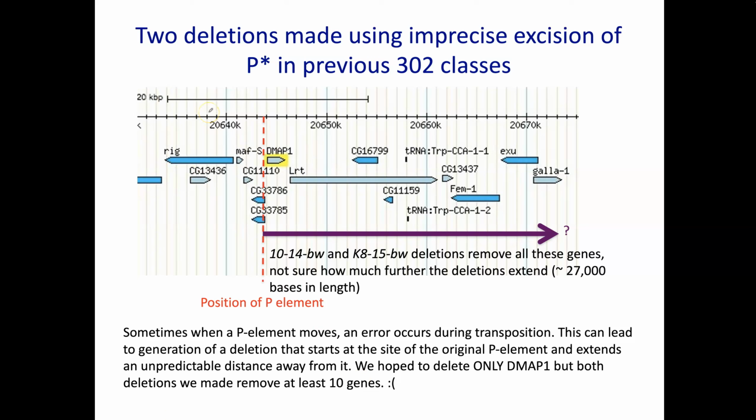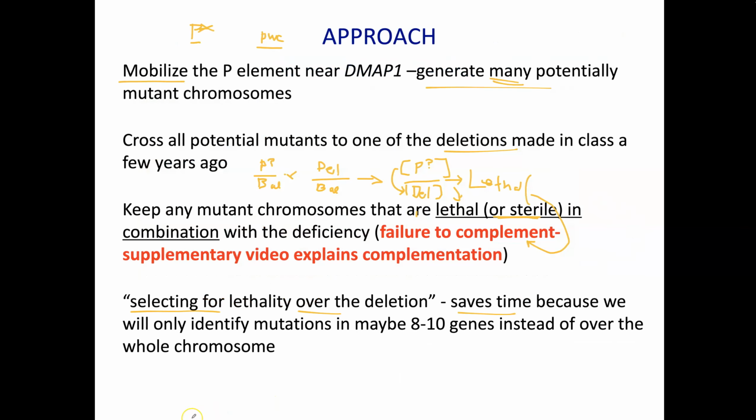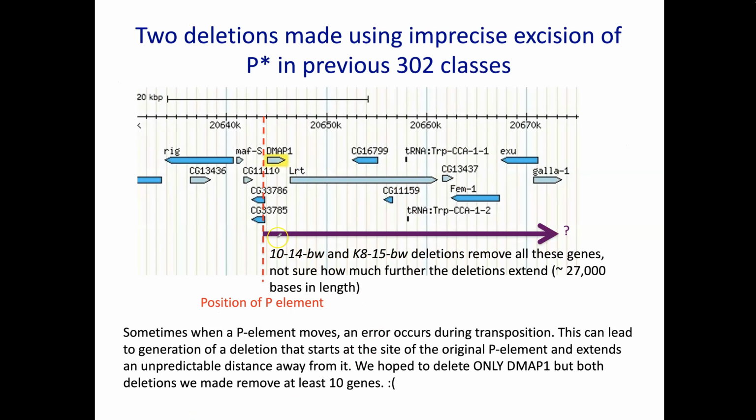The deletions that we made used that P star mutation, and you don't need to know the details except that sometimes when a P-element moves, a mistake is made. It doesn't cut out nice and neat, but instead when it cuts out, it makes a little deletion in the region right beside where the P-element was.